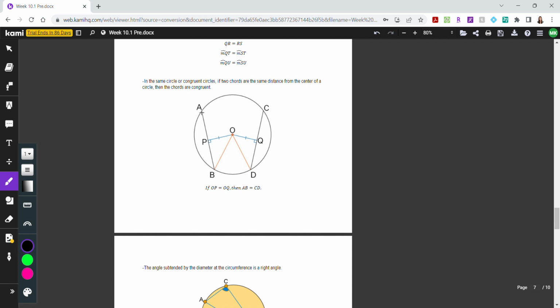Because chord AB and chord CD are the same distance from the center of the circle, these two chords are going to be congruent. They are going to be the same length. So as you can see here, if OP equals OQ, then AB equals CD. All right?